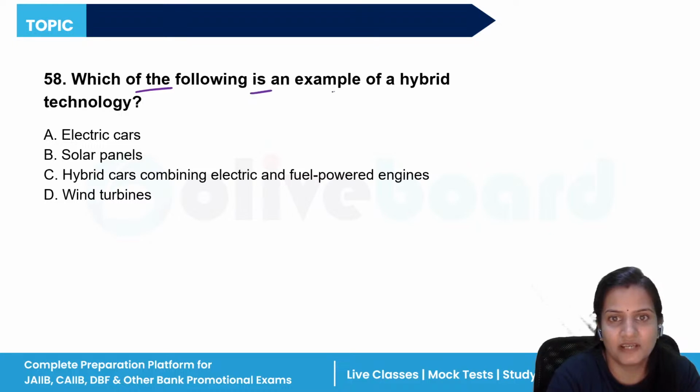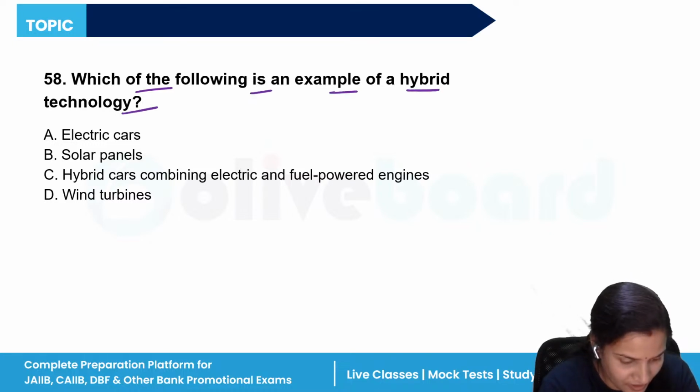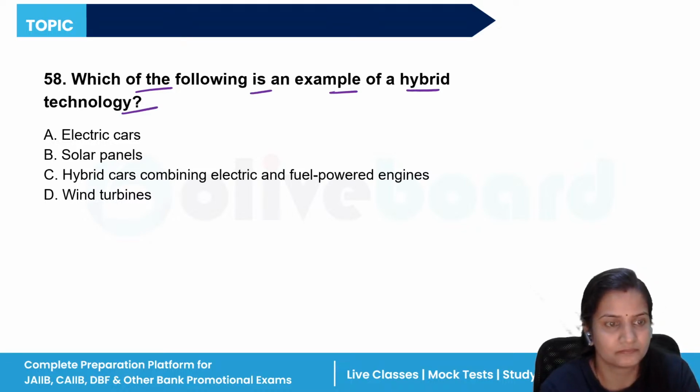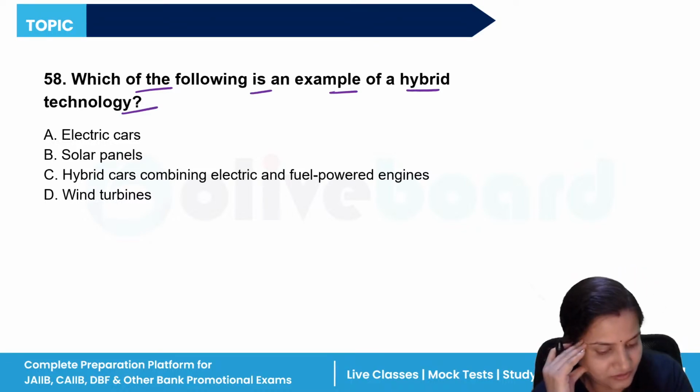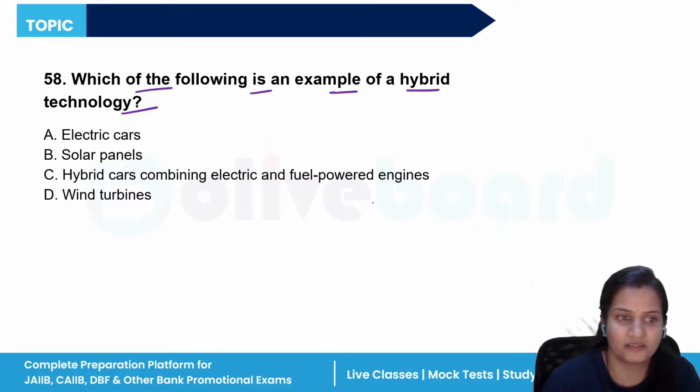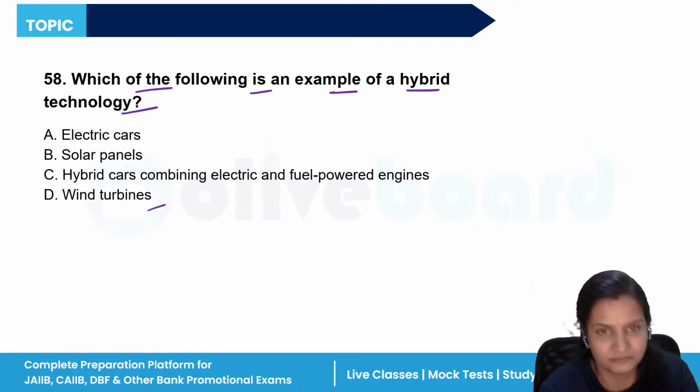Which of the following is an example of a hybrid technology? Yes, Siva, Sailu. Hello, good evening. Electric cars, solar panels, hybrid cars combining electric and fuel powered engines, or wind turbines. Tell me, hybrid technology means what?